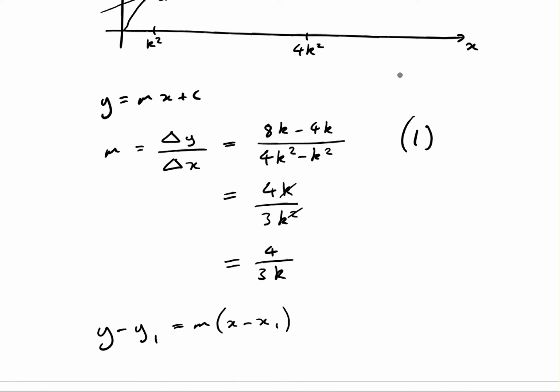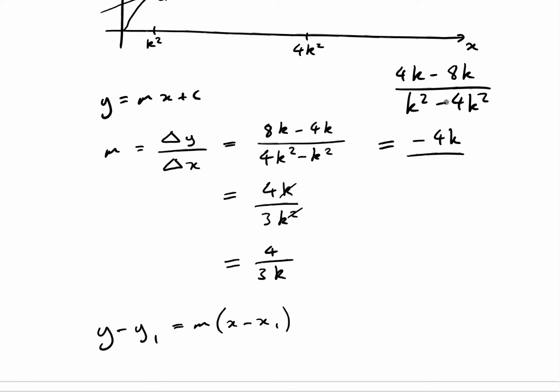So if you've done 4k minus 8k over k squared minus 4k squared, that would have been fine, because you would have got 4k minus 8k, that's minus 4k, over k squared minus 4k squared, that's minus 3k squared. Negatives would have cancelled off, because it's negative 1 divided by negative 1, and likewise the k would have cancelled off there, so you still would have got 4 over 3k. So that would have been absolutely fine.